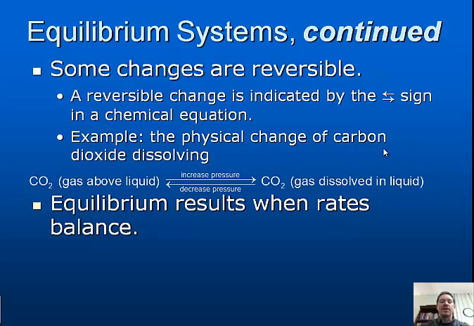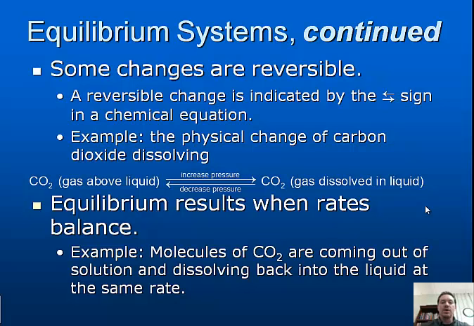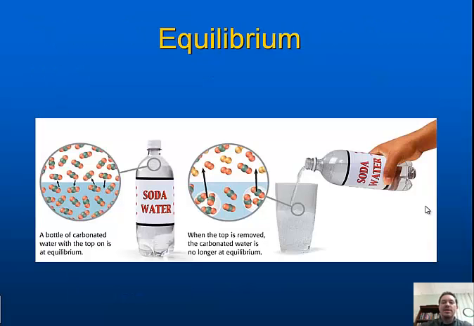And then we get this state of equilibrium when these rates balance. So when the forward reaction and the reverse reaction are equal, it's still moving back and forth, but it's a very small movement back and forth. So molecules of carbon dioxide are coming out of solution and dissolving back into the liquid at the same rate.